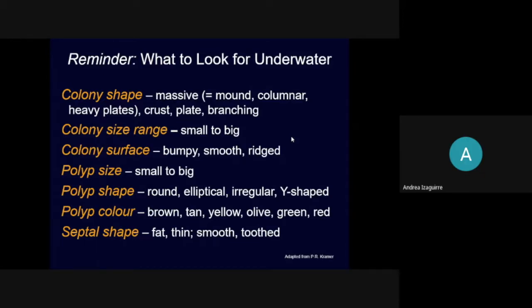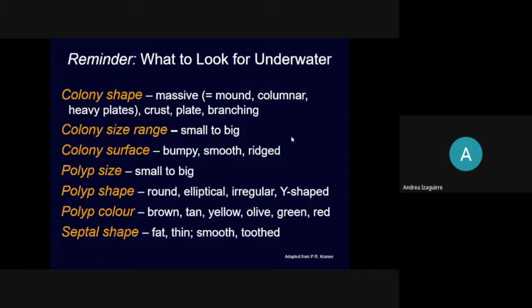After that, remember that polyp color can vary a lot, so it's just going to be a general clue because there are certain corals that only accept a very specific type of algae and it tends to be around the same color.